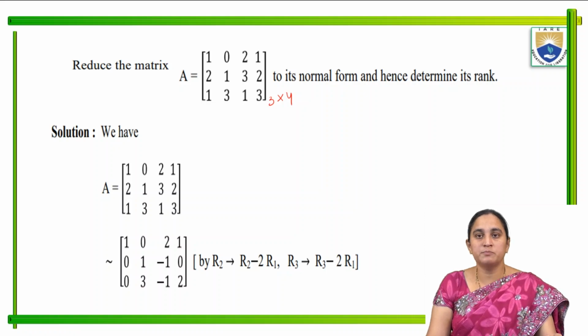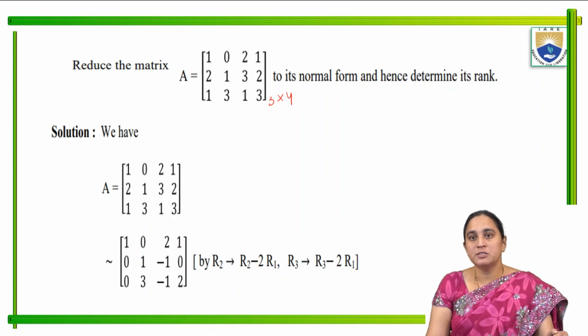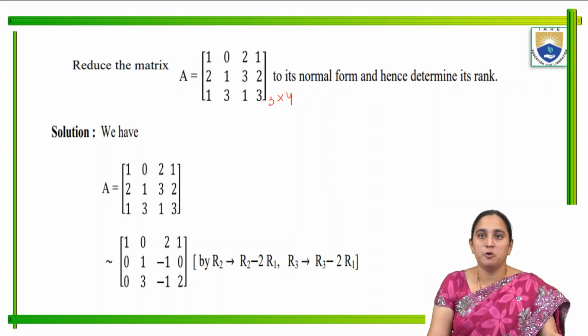What is the concept of the normal form? We have to reduce the matrix to identity using row and column operations.